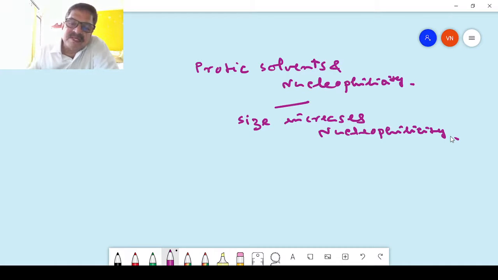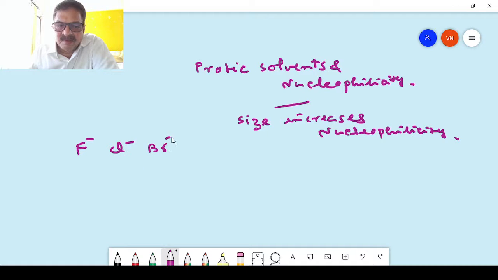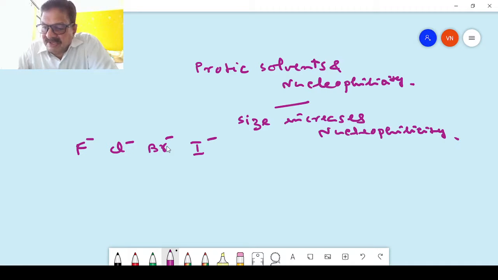Let us see an example, the halide series: fluoride, chloride, bromide, iodide. Down the column of the periodic table, the fluoride anion is a small electronegative anion compared to the iodide anion.